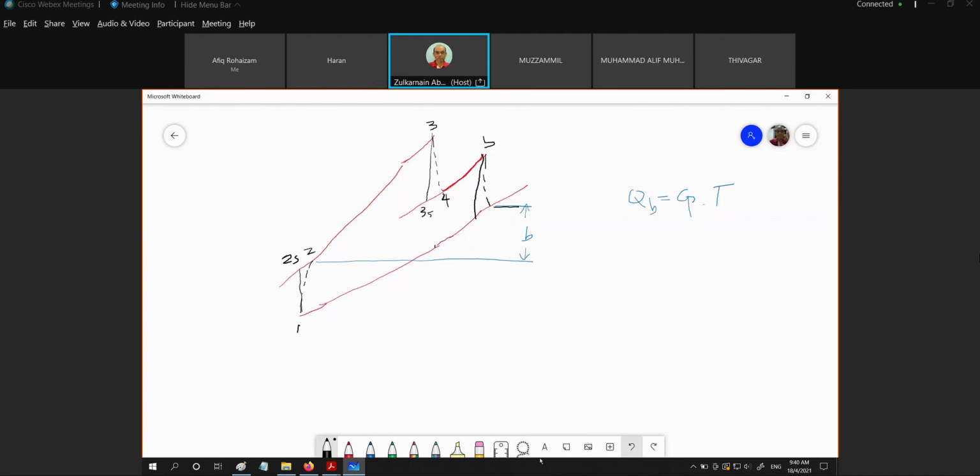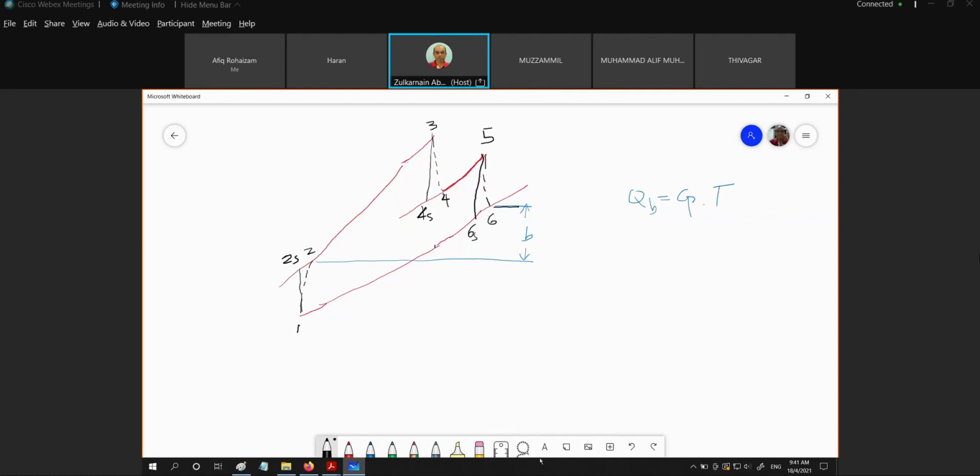Undo. This should be 3, 4S. Sorry for that. 4S. This is 5. This is 6S. And this is 6.